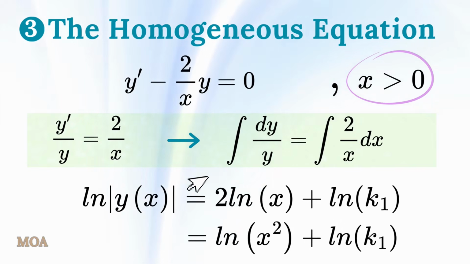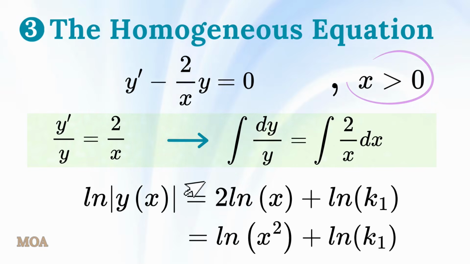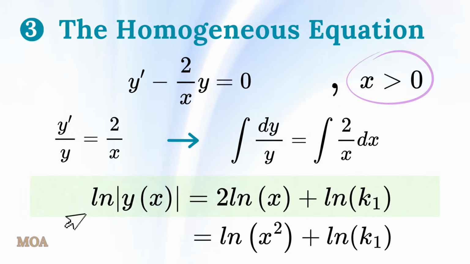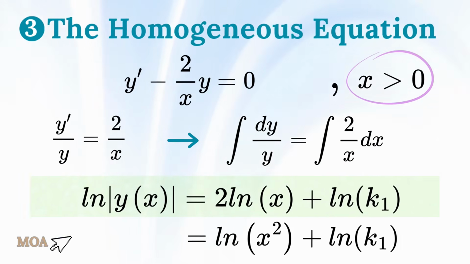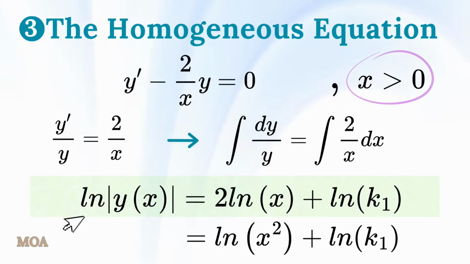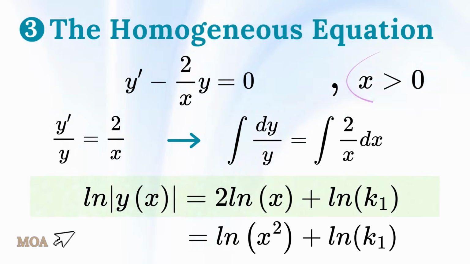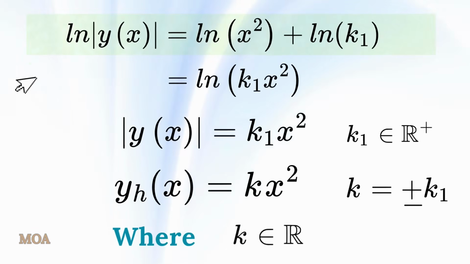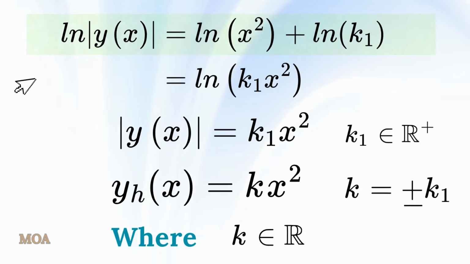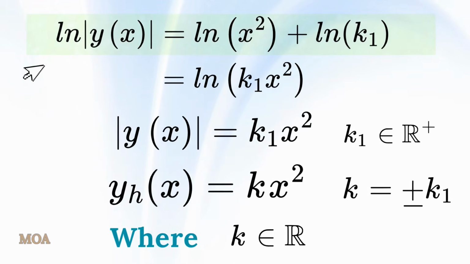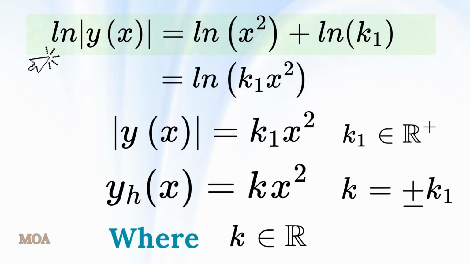Since f is defined on the interval from 0 to infinity, taking values in the real numbers, the antiderivative of these integrals can be expressed as the natural logarithm of the absolute value of y of x equals 2 times the natural logarithm of x plus the natural logarithm of k sub 1, which equals the natural logarithm of x squared plus the natural logarithm of k sub 1.